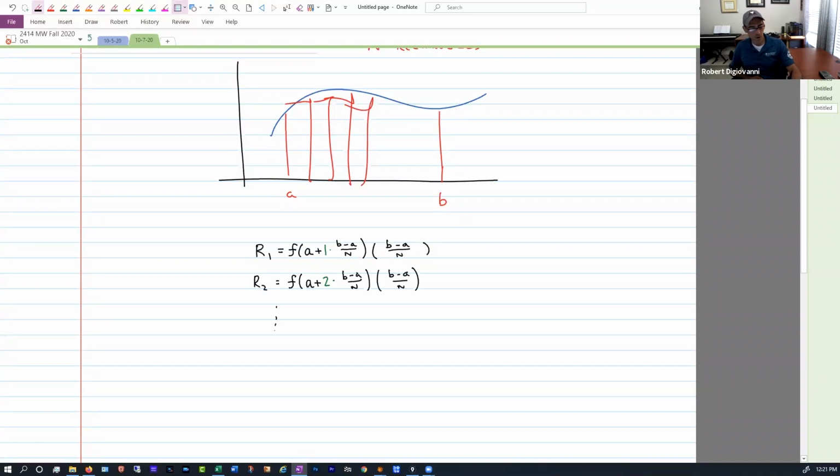And I do this all the way down until I get to my last rectangle, which should have an area of the function evaluated at A plus n jumps, right? We're taking n jumps of B minus A over N times B minus A over N.